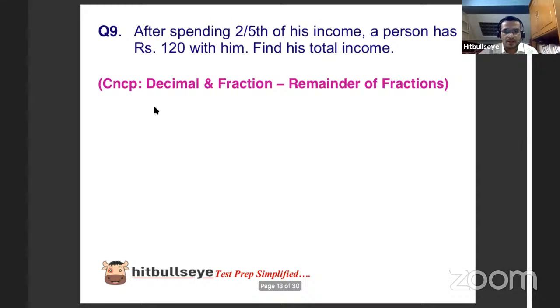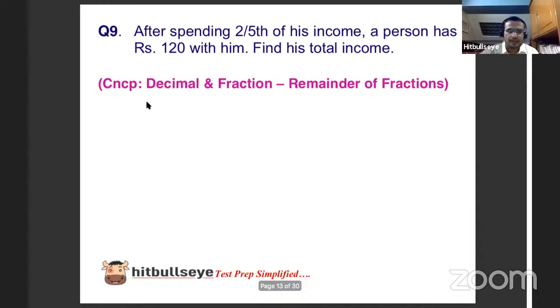Kartikeya 300. Simran 300. Rajat 300. Okay, I can see the answer should come more than 300. What about others? This is a quick one, right?